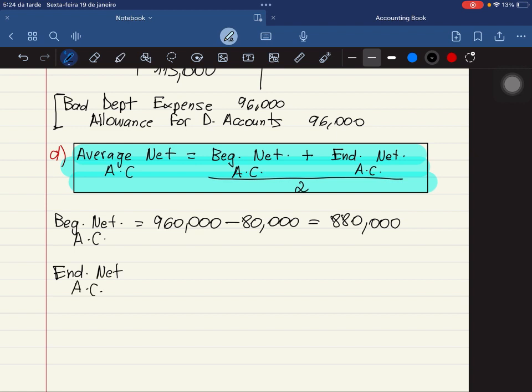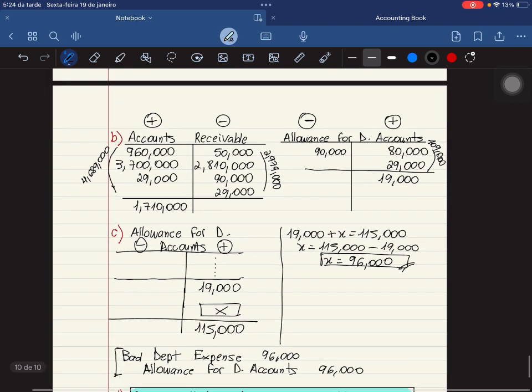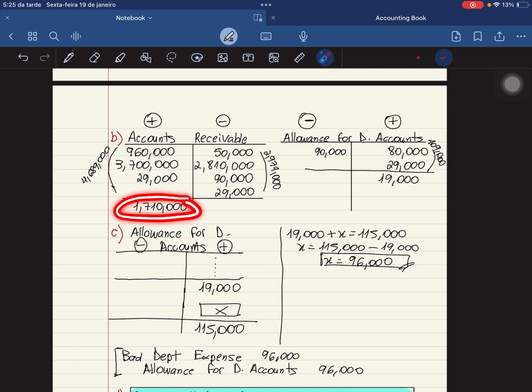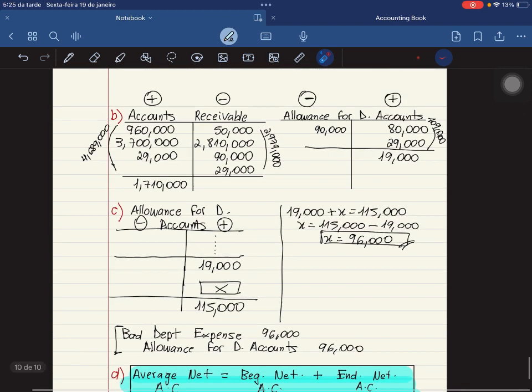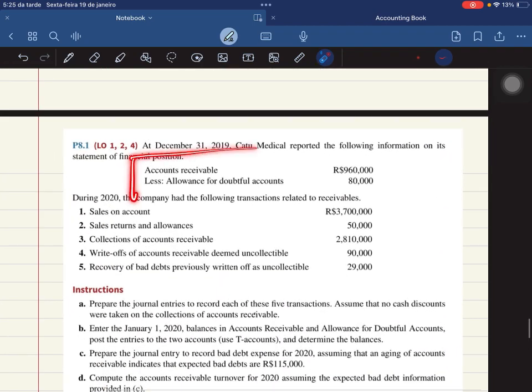Then we're going to have the ending net accounts receivable. Same thing. It is going to be something minus something, right? Just so it is a net. For the ending net accounts receivable, we're going to have to take a look at our T account over here, right? This is our ending balance, right? But remember that this is a net, which means that we have to subtract something. You know what we're going to subtract? We're going to subtract this number over here. Because remember that this is the same procedure that we did before, right? We just had the original amount of accounts receivable minus allowance for doubtful accounts.